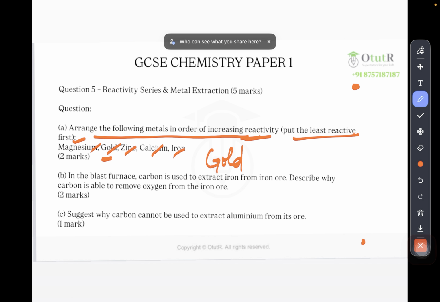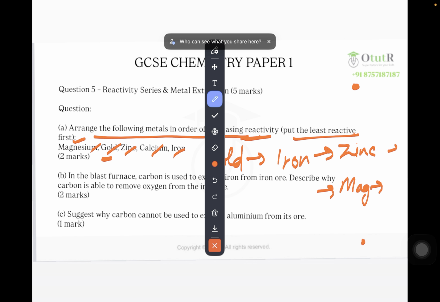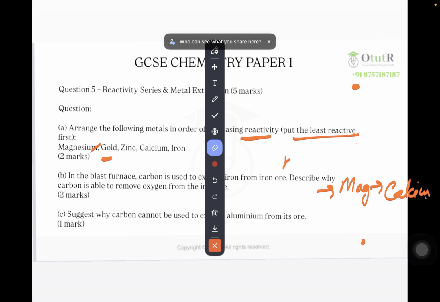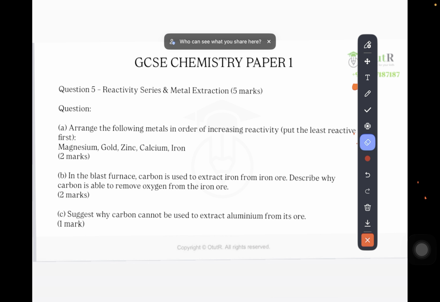Gold is less reactive, so we'll write gold first. Next comes iron. Next zinc. Then it's magnesium. And after that it is calcium. So as per this, calcium is the most reactive and gold is the least reactive one over here.